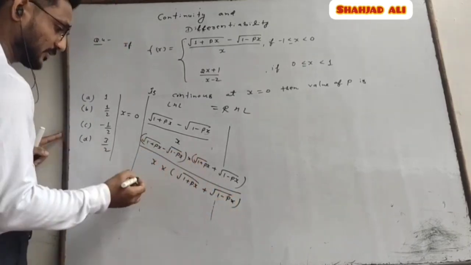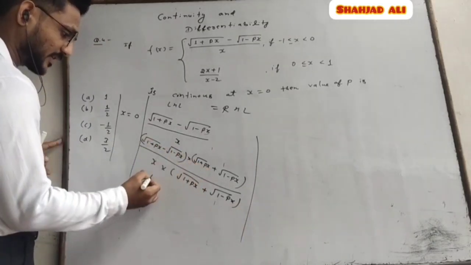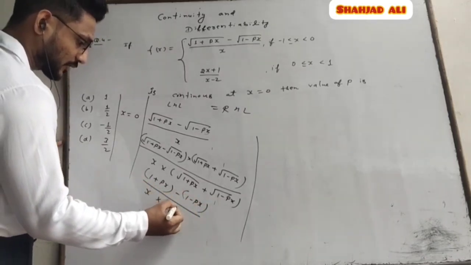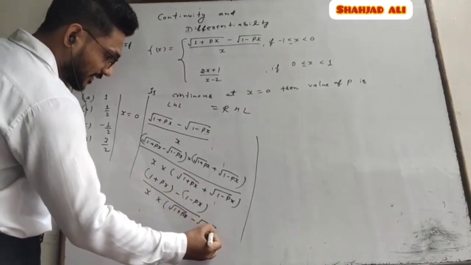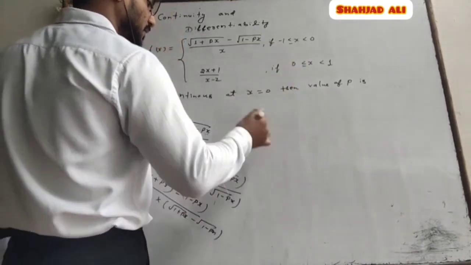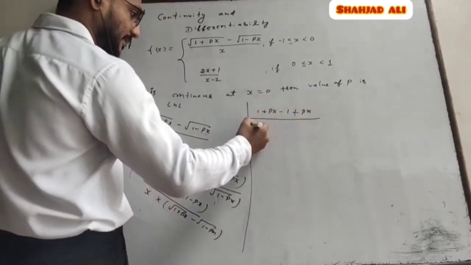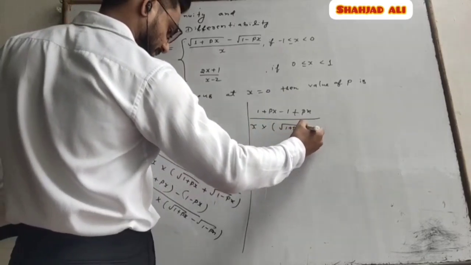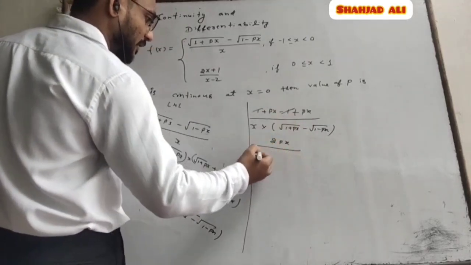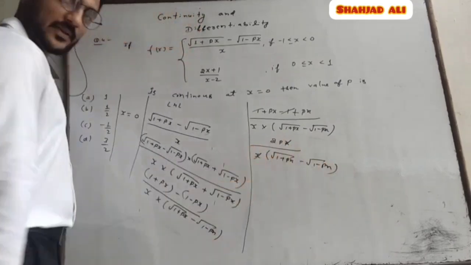This is (a minus b)(a plus b), so it will become a square minus b square, meaning squares will be eliminated, so 1 plus px minus 1 plus px upon x into root of 1 plus px plus root of 1 minus px. Here 1 will be cancelled, px will become 2px upon x, and x and x will be cancelled.